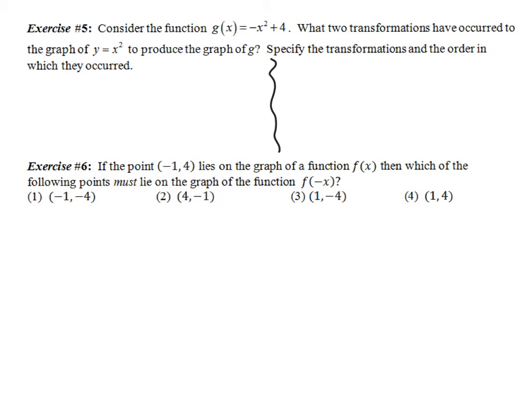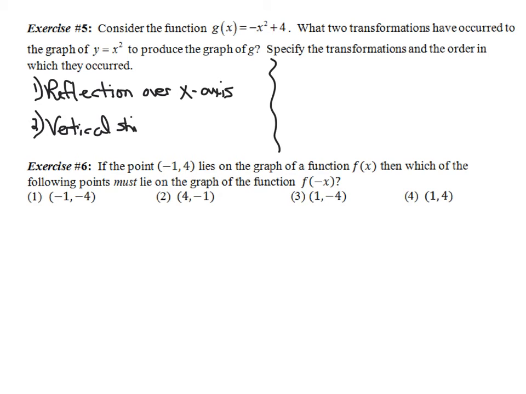If I've negated the x squared, that means that the first transformation that I have done is a reflection over the x-axis. But then after we reflected over the x-axis, the second transformation that has happened is I have taken my graph and I have vertically shifted it up 4 units.